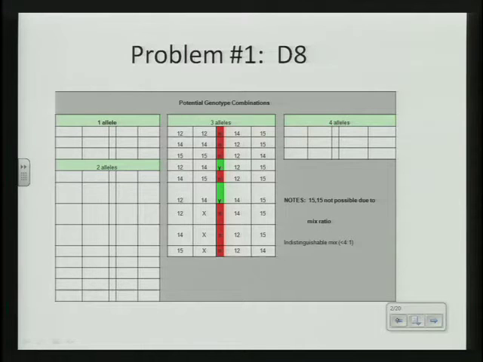So while 15-15 and the 12-14 would work as it has the right peak-height balances, especially for the 12-14, the mixture ratio is off too much. So we do consider that as part of our interpretation. So if the suspect was a 15-15, you would eliminate it? Yeah, because it's not a viable option with our expectations.